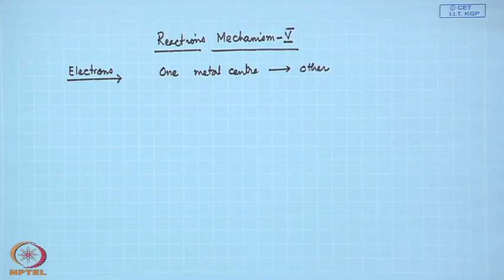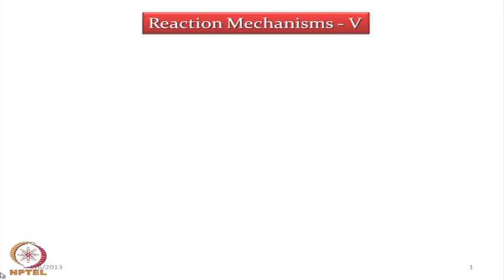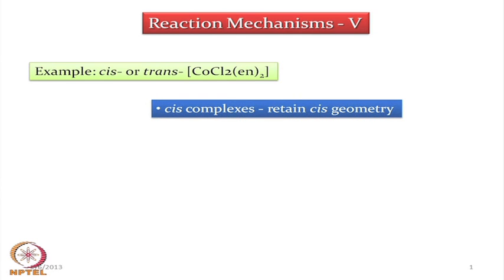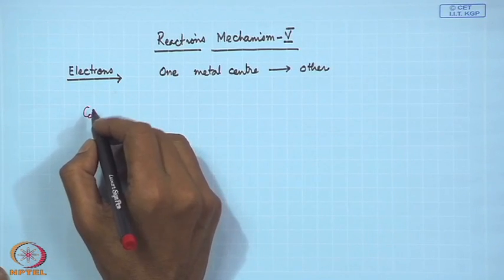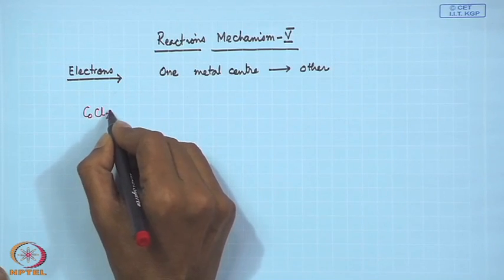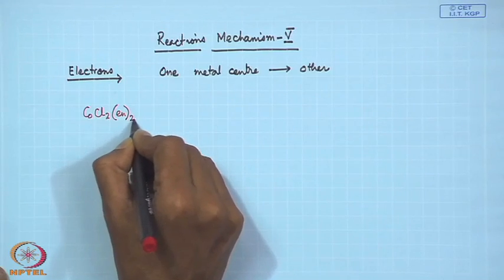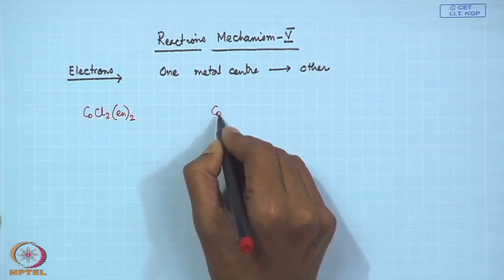So, what will happen in that particular case, along with the other one, where we will find that the different stereochemistry of these complexes can play some important role, such as in the case of these cis and trans compounds of this chloride complex of cobalt, where we have these 2 chlorine atoms on the cobalt center.